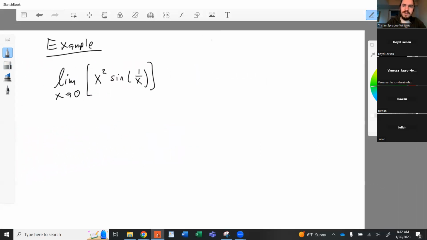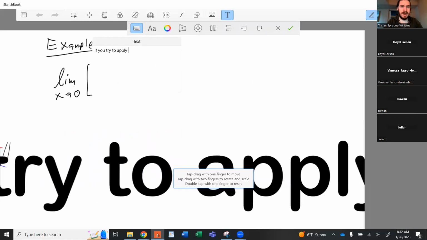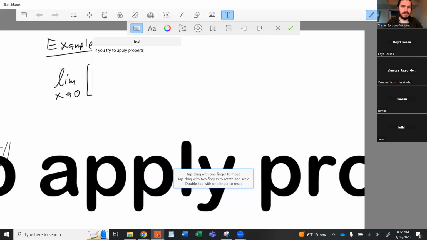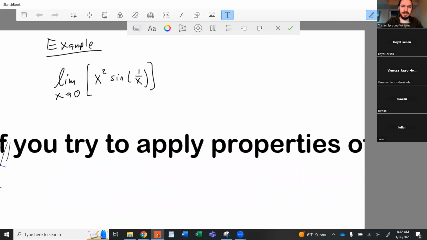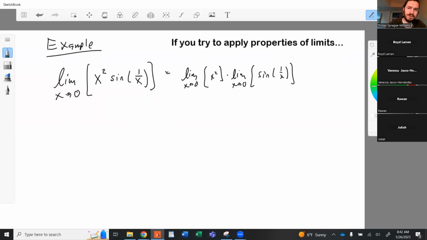Because if you try to apply properties of limits, here's what happens. If you try to say, let's do the limit as x approaches 0 of x squared times the limit as x approaches 0 of sine of 1 over x, right? If you try to just multiply the limits together, this first limit here exists and equals 0.